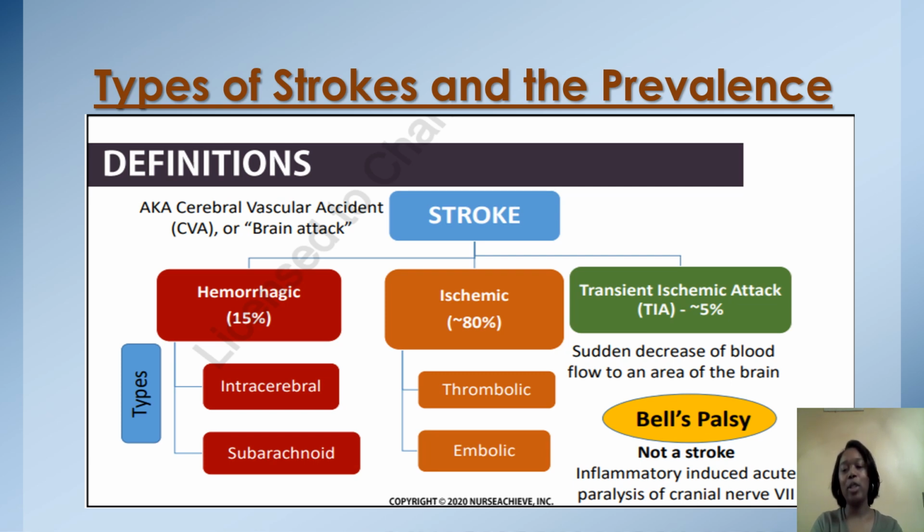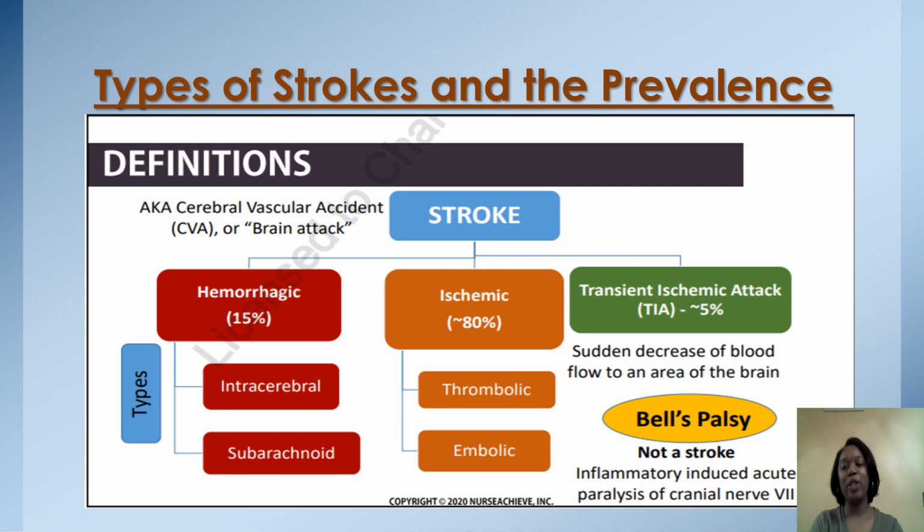So it is important to recognize that these signs and symptoms of a stroke are similar to Bell's palsy, but you must understand that Bell's palsy does resolve itself when a CVA will not, as well as it is very similar to hypoglycemia.